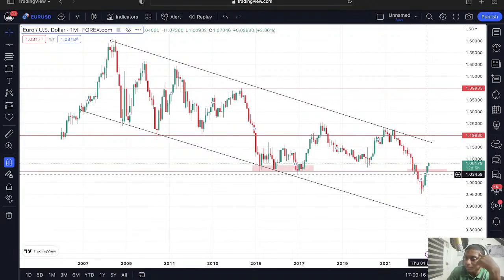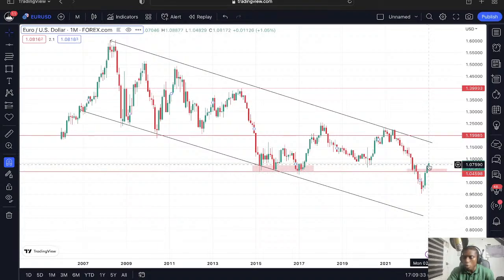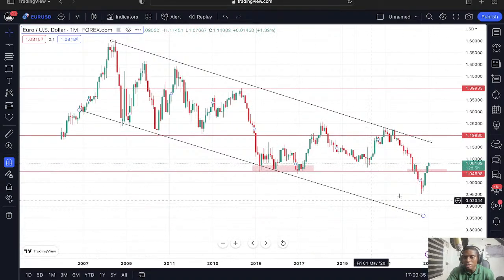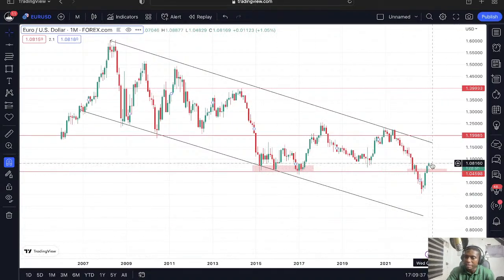But something different played out here. Price retested the previous support turned resistance region, and instead of it staying firm as a resistance region, we can see that price was able to break through it back up, and obviously now we can see price rising.